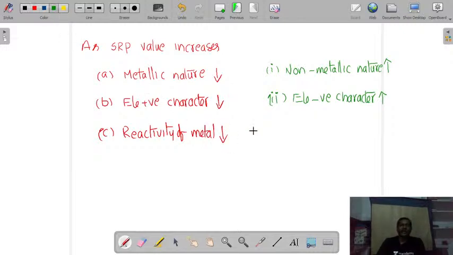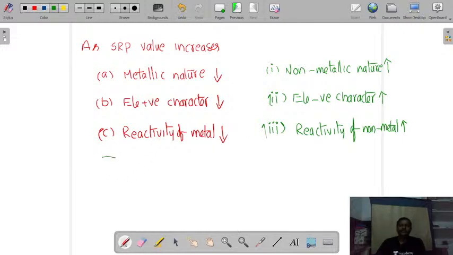As electronegative character increases, reactivity of non-metal increases.